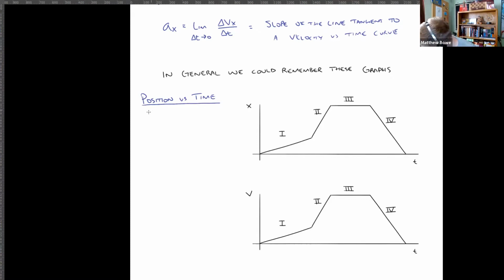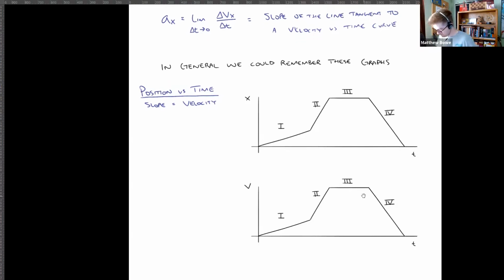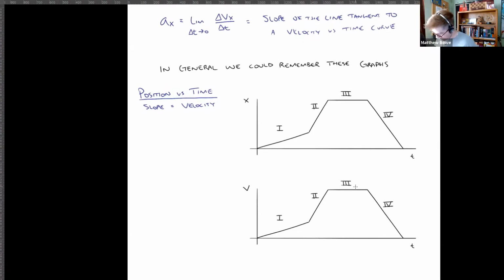And we know that the slope on a position versus time graph equals velocity. Okay. The one on the bottom is a velocity versus time graph.